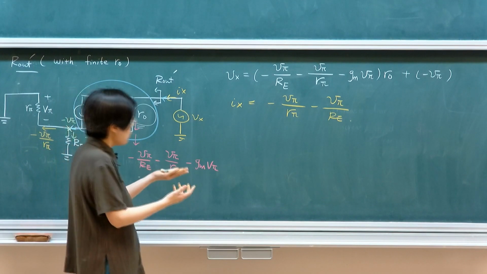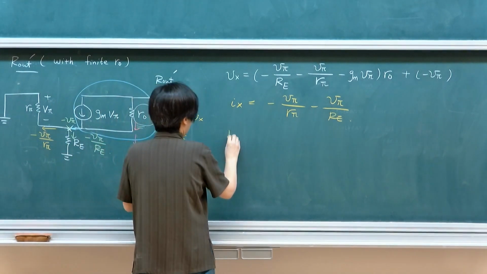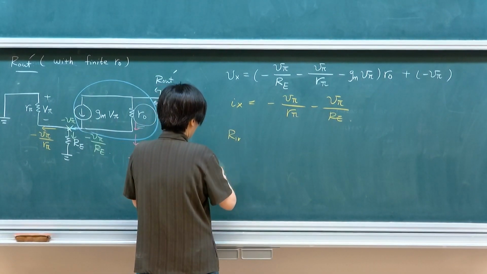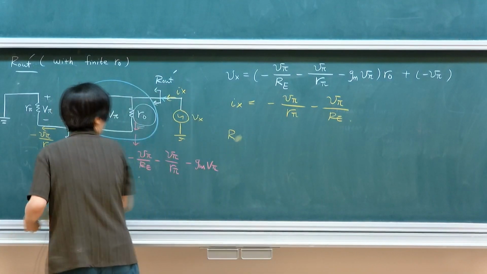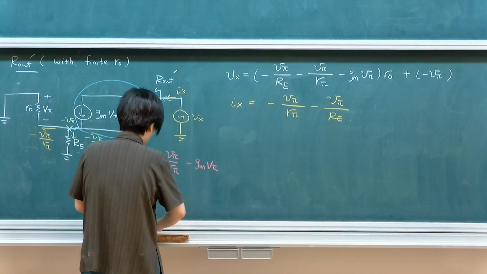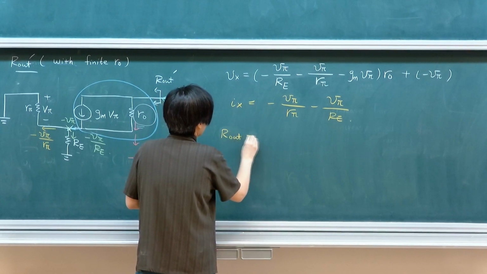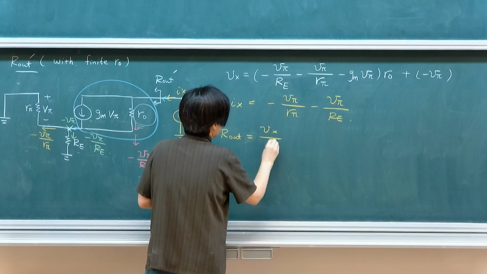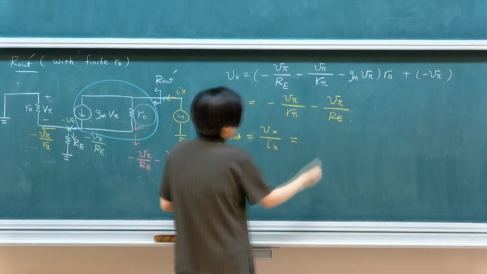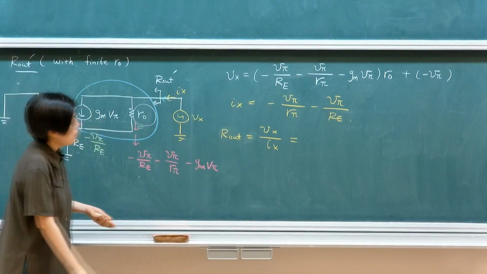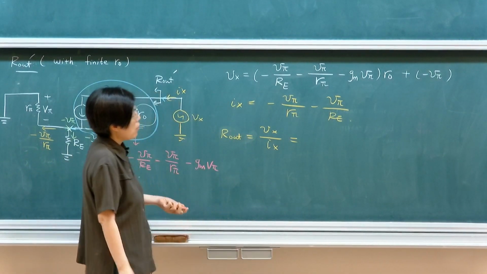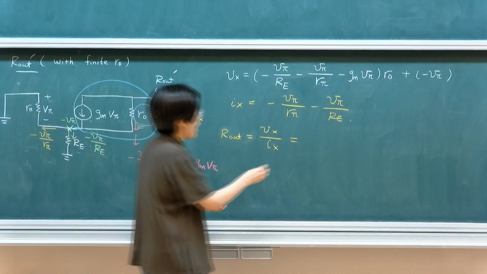So then what we need to do is just to simplify. By definition, the output resistance is Vx over Ix. So I'm taking away all the V pi's, and everything is a negative, so you just add it back.